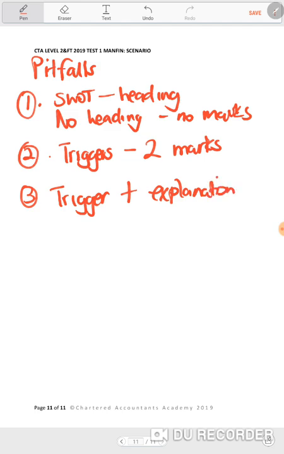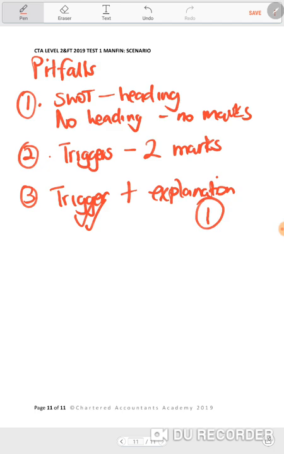So, if you identified the correct trigger, but you didn't provide an explanation, and by explanation I mean a student is supposed to explain why it is a strength, explain why it is a weakness, explain why it is an opportunity and a threat, so that you obtain your full mark.